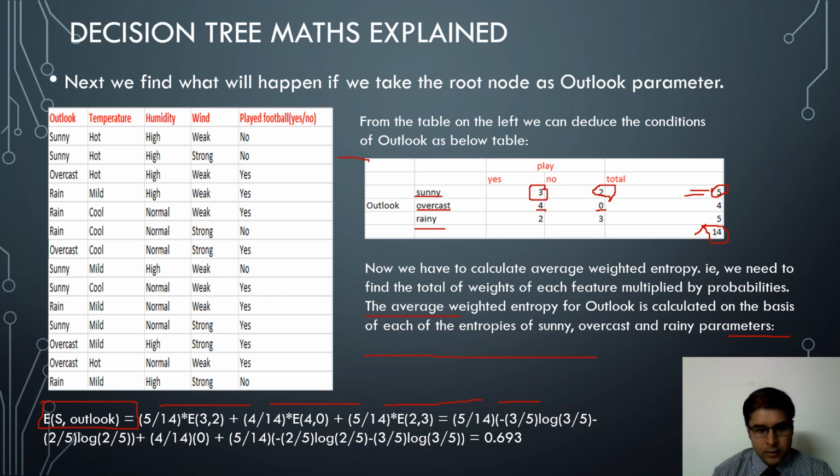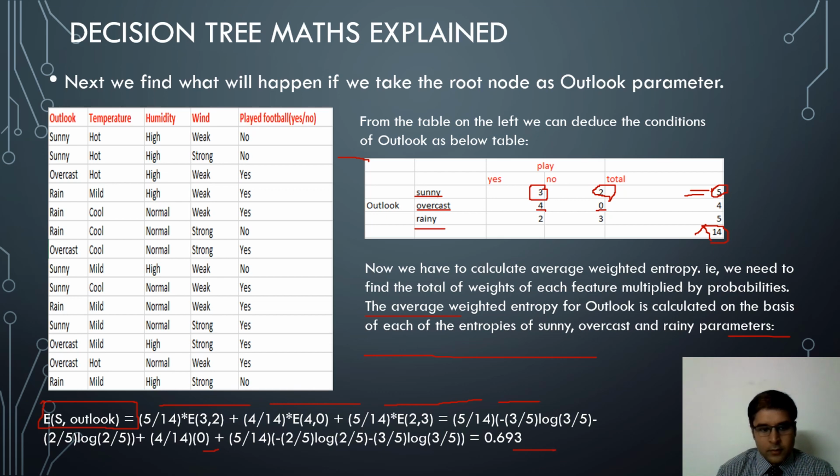It's written here 0. Next, 5/14 into minus 2/5 log 2/5 minus 3/5 log 3/5. That turns out to be finally 0.693.